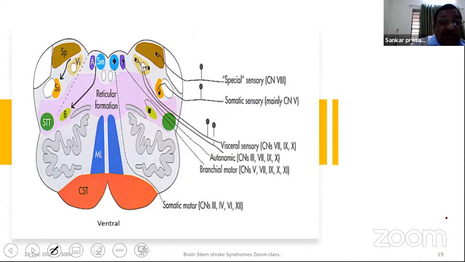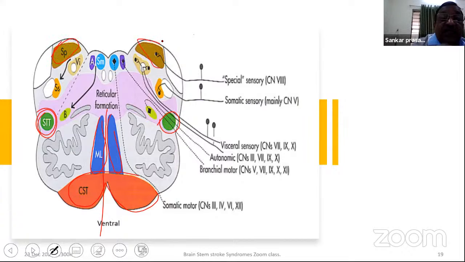This anatomy is very important, and it is easy to understand the way I tell you. The ventral side is always motor, the corticospinal tracts, and this is the central line, where you get the medial longitudinal fasciculus, and laterally are the spinothalamic tracts. Dorsally you have the special senses.